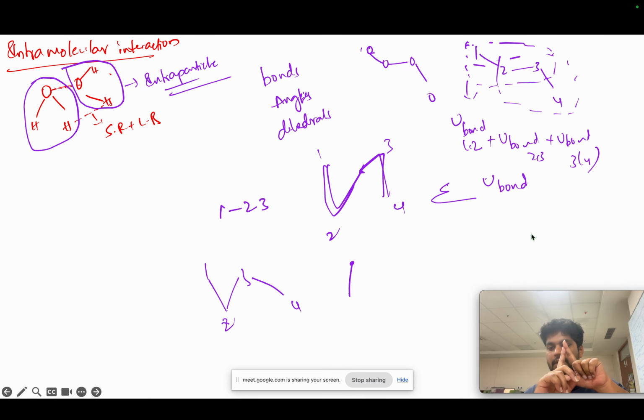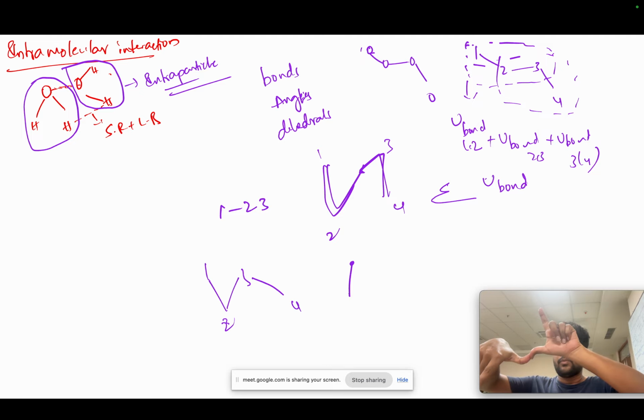Assume this is atom 1, atom 2, atom 3 and atom 4, and 1, 2, 3, 4 is kind of like this. So the angle is between 1, 2 and 3, and this is the bond. Now I am rotating this bond. It means this is in one plane and this is in one plane. So now we are rotating both the planes, right?